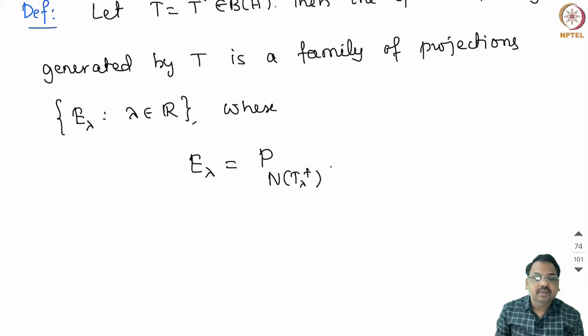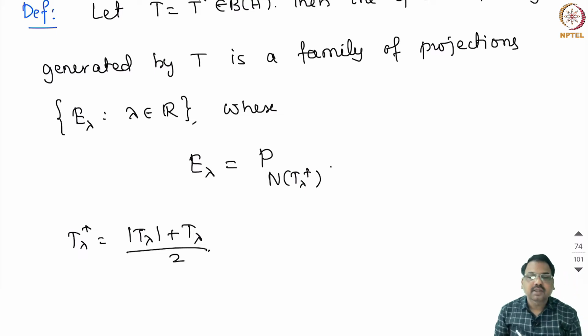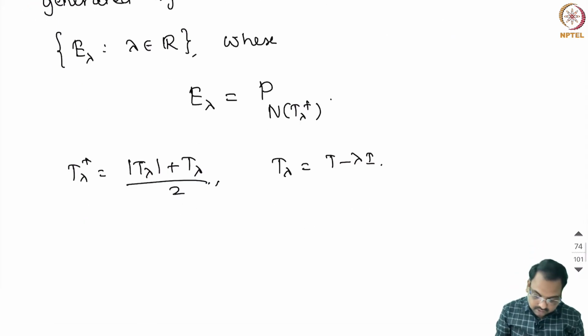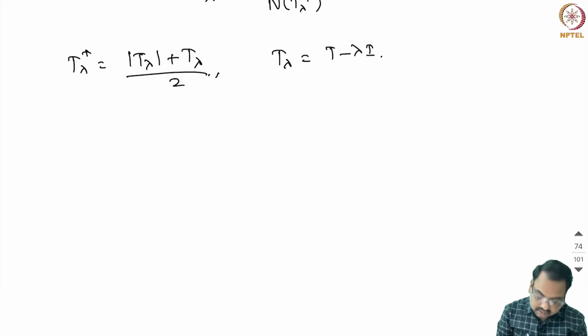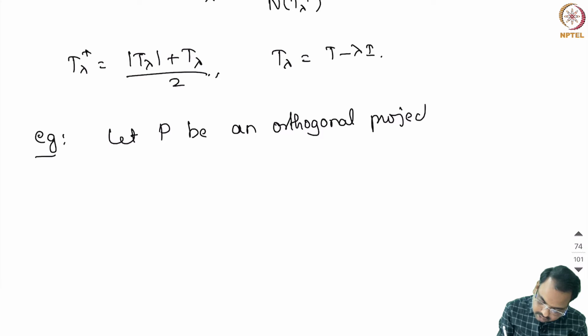Let us look at a simple example. Here the null space of T lambda plus is the null space of mod T lambda plus T lambda by 2, where T lambda is nothing but T minus lambda I. Let us take P to be an orthogonal projection on a Hilbert space.